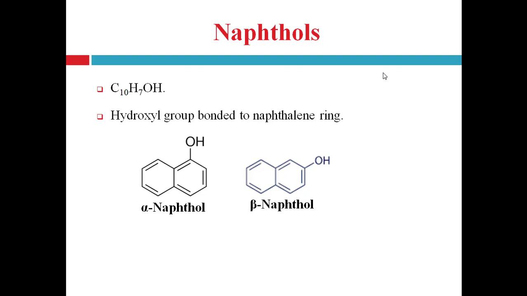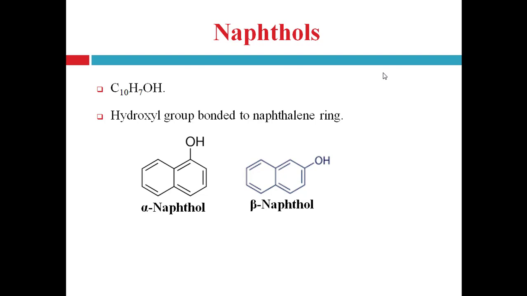So again put the value of n into the equation 4n plus 2. Here n equals 2 because two rings are present. So 4 into 2 plus 2, that means total 10. So here 10 pi electrons or delocalized electrons should be present.